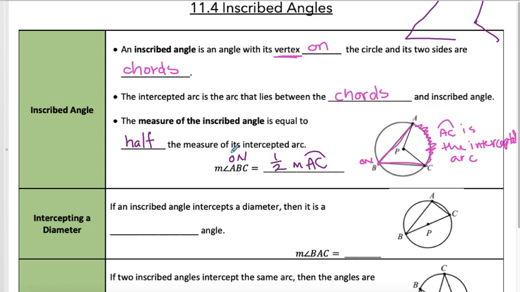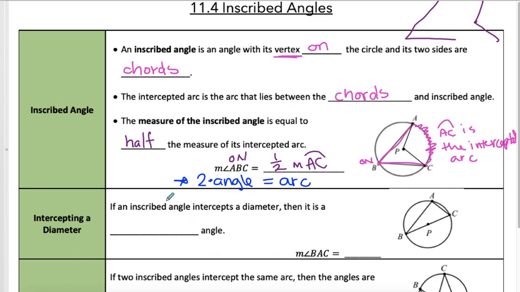So instead of half of the arc, I typically say 2 times the angle equals the arc. If I multiply this side by 2, that gets rid of my fraction, and then multiplying by 2 on the other side gives 2 times the angle.